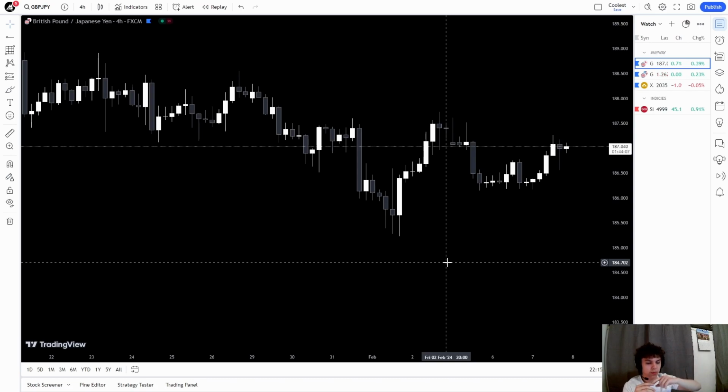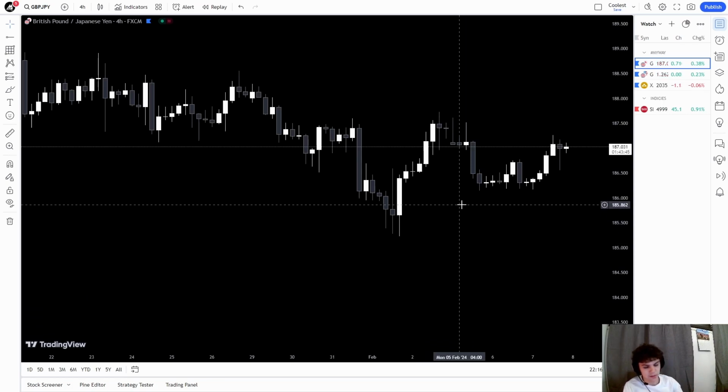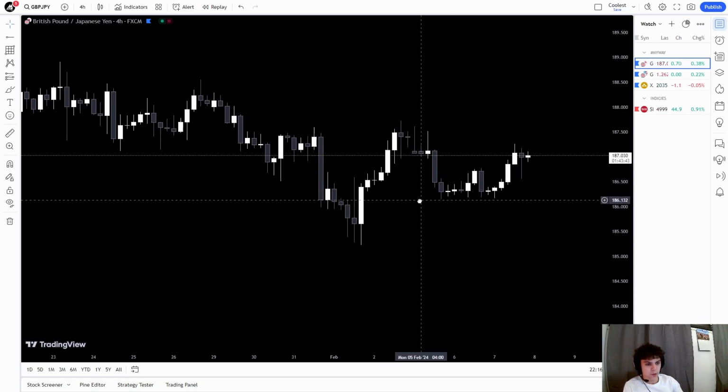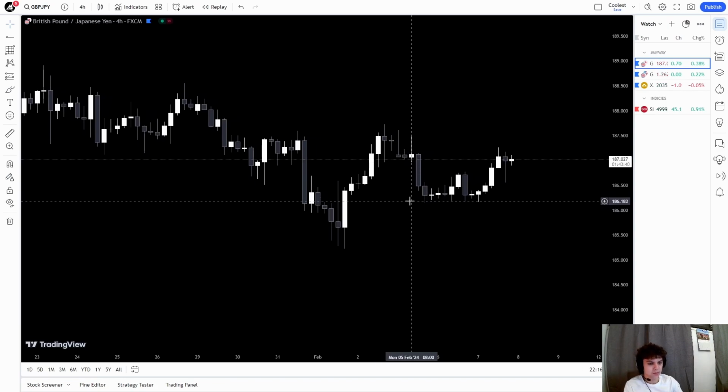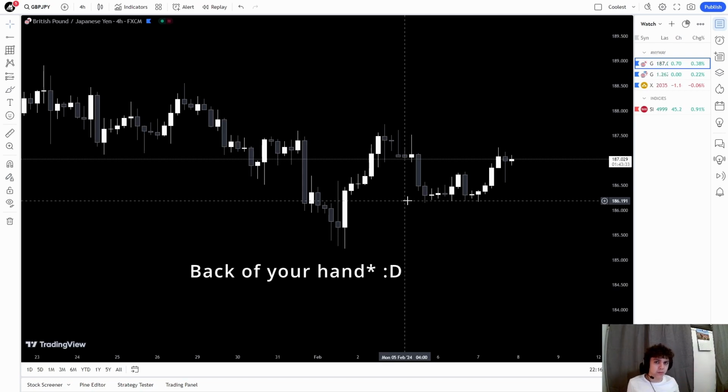If we sweep liquidity, then I go to a lower time frame. It depends what pair. If we're on the S&P 500 and we sweep buy side liquidity, I go to 1 minute, and then I look for a break of structure to the upside if we're bullish on higher time frames, and then I enter. It's actually quite simple, but remember, the strategy can be difficult to understand at first, but trust me, you're gonna know it like the back of your pocket.